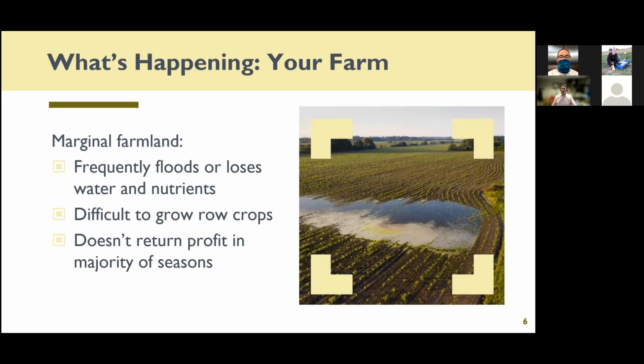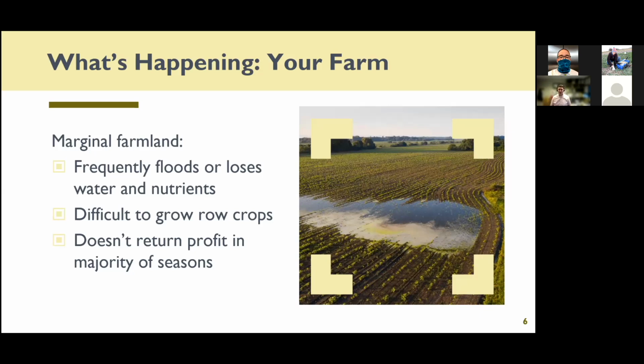So again, that marginal farmland, so difficult areas to grow row crops, right? And a lot of times what we're focused on, particularly with this, is where those low profit, difficult marginal row crop areas are that are adjacent to that existing field margin, right? A lot of times we talk about planting fence row to fence row.